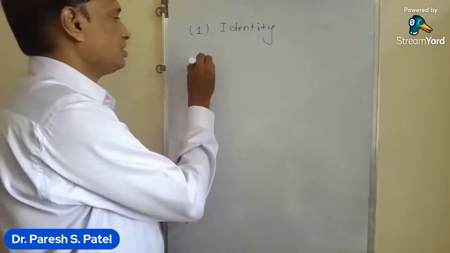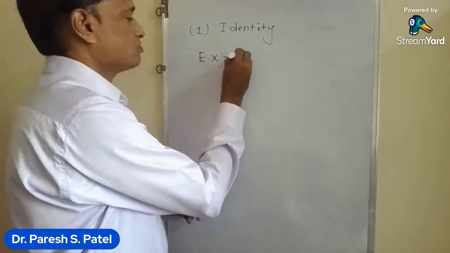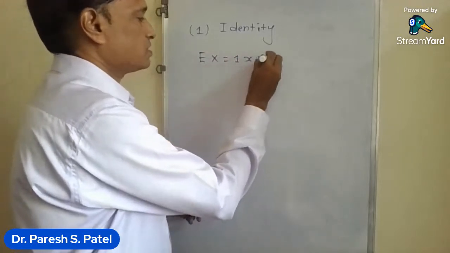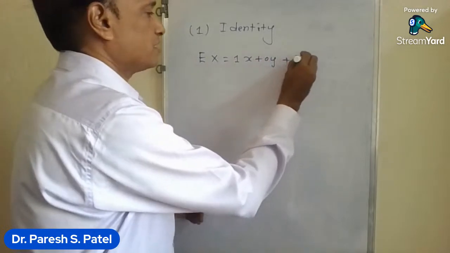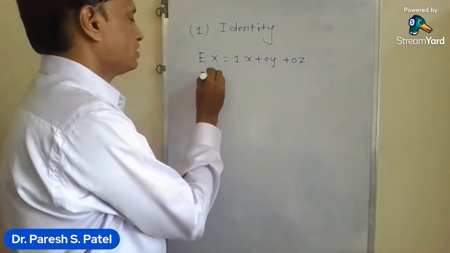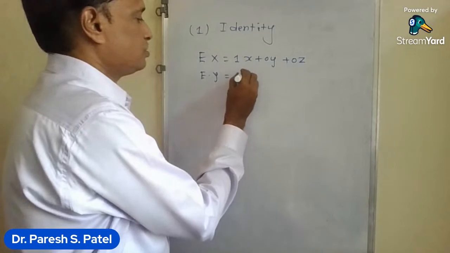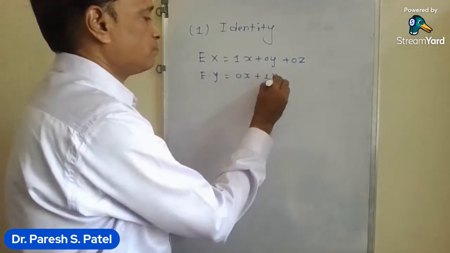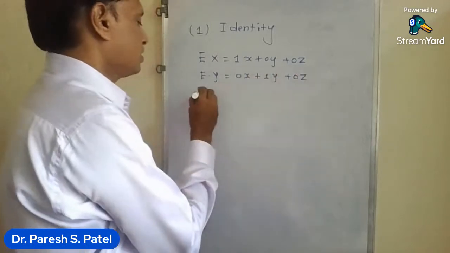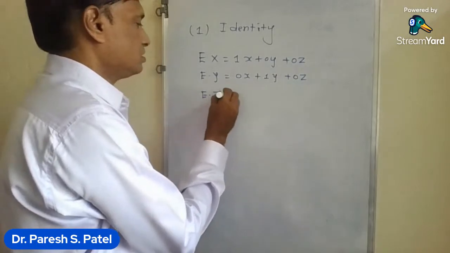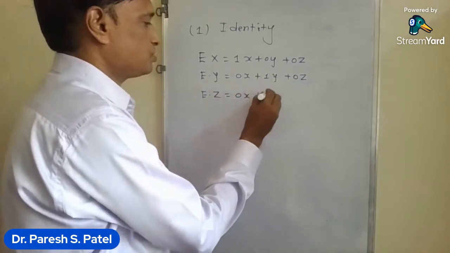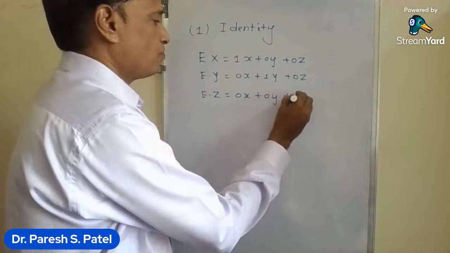So E into x is equal to 1 into x plus 0 into y plus 0 into z. E into y is equal to 0 into x plus 1 into y plus 0 into z. E into z is equal to 0 into x plus 0 into y plus 1 into z.